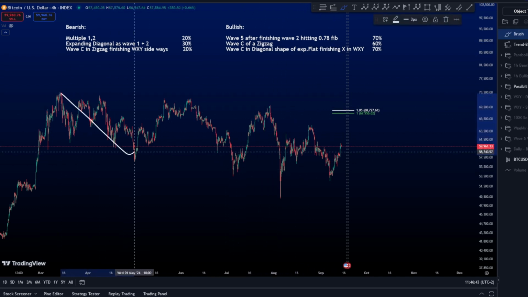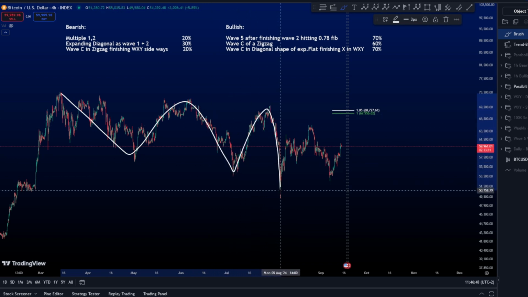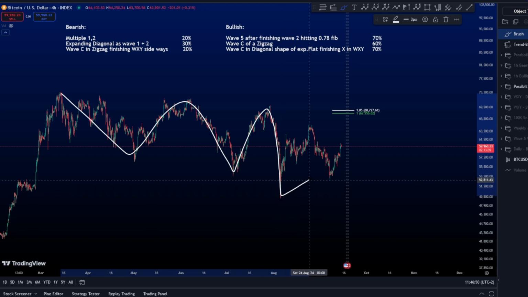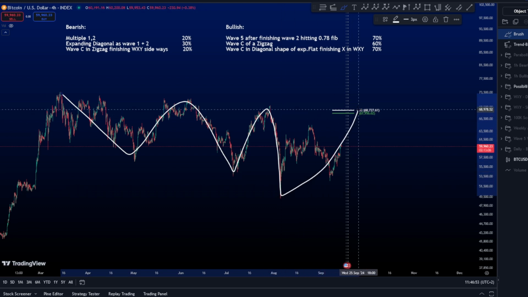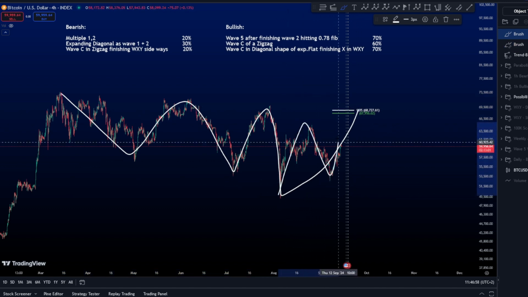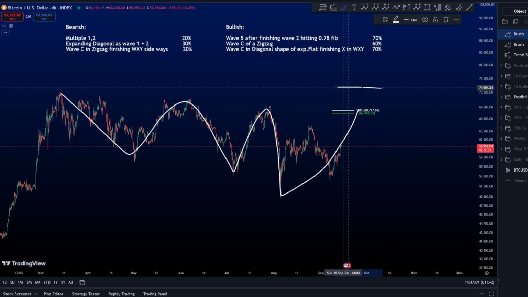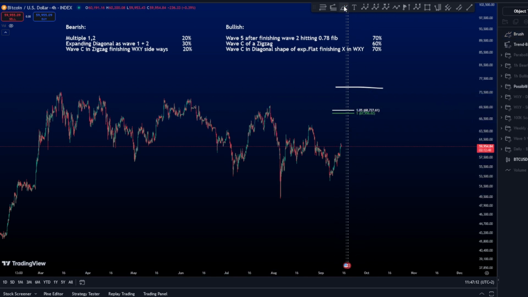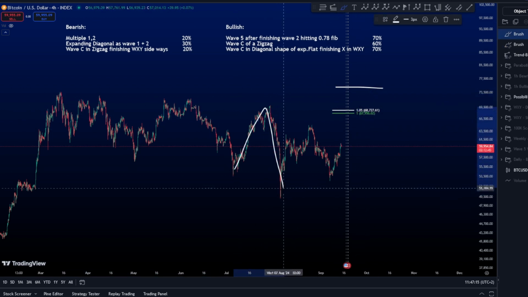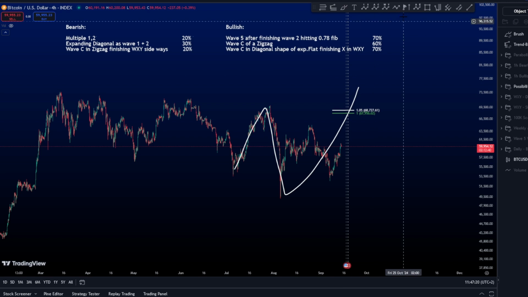So what we are looking at here is a finished zigzag, and we are looking for an expanding flat, and then your expanding flat still needs to finish this wave C. Your wave C is a diagonal in shape, right? Now, of course, this is not your target as a wave C. Your wave C is 1.618 or 1.38, which is somewhere here, higher, of course, than this scenario, and this is your next bullish target, right?